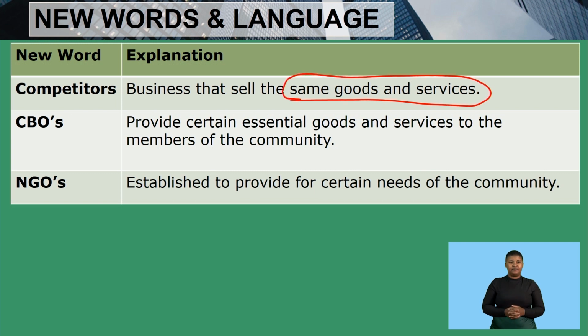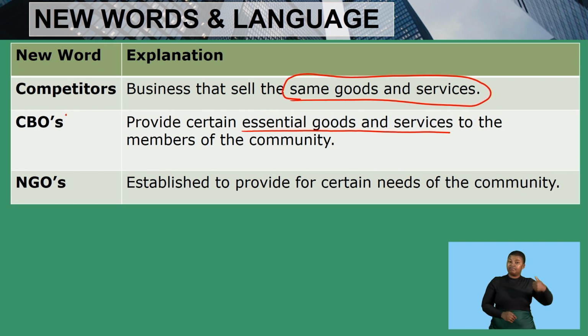Then our next two words are actually abbreviations. CBOs stand for community-based organizations, and they are organizations that provide welfare to the local community. So they will provide certain essential goods and services to the members of their community.